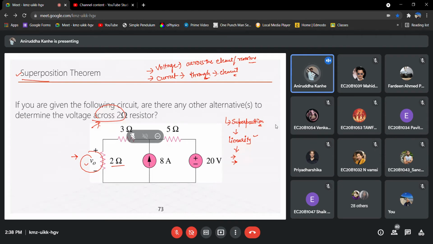Yes, what is the basis of linearity? Have you studied linearity earlier in your 12th standard or somewhere?